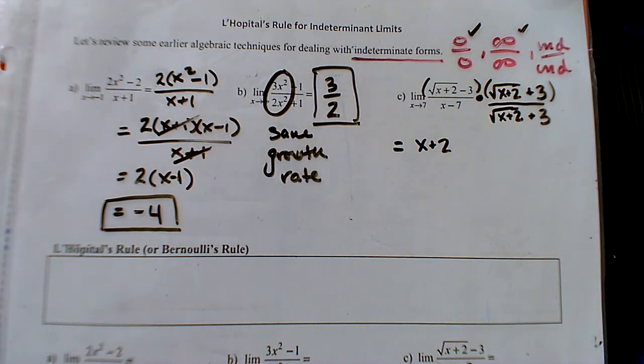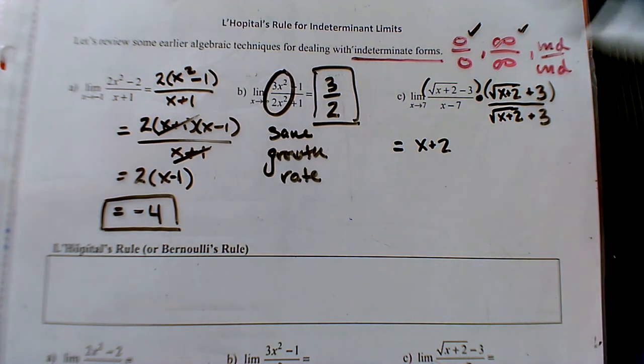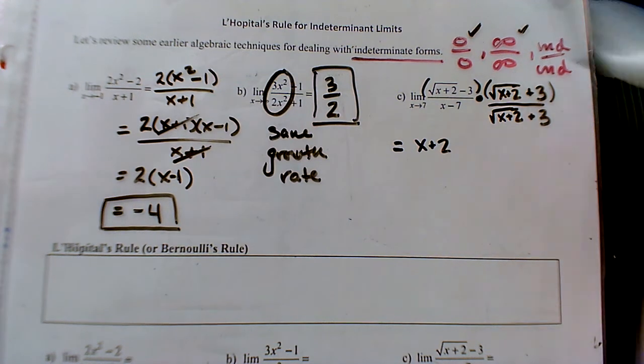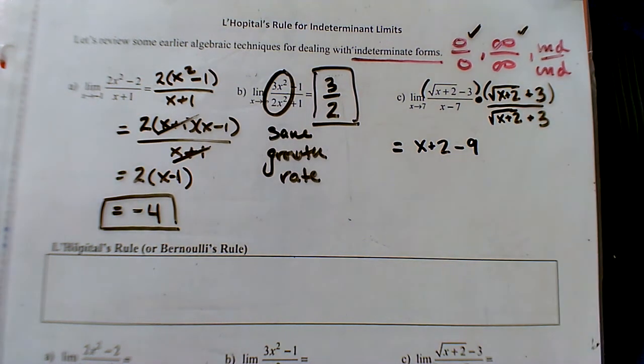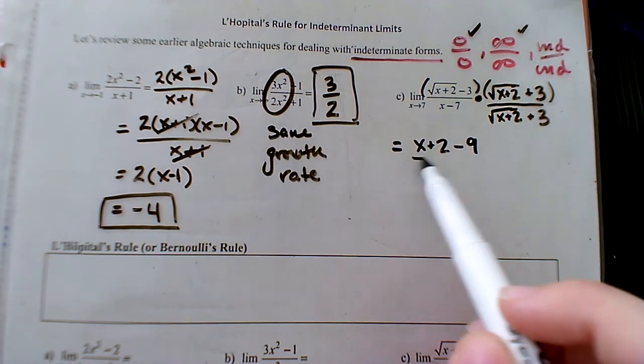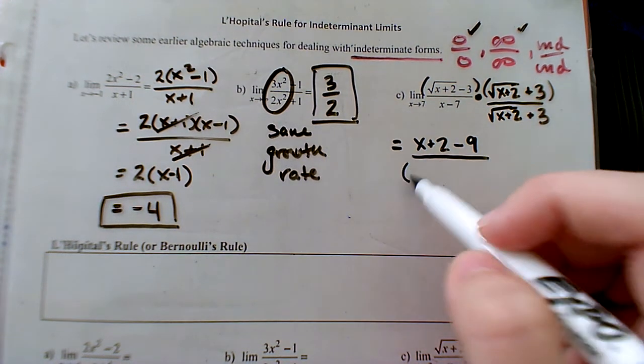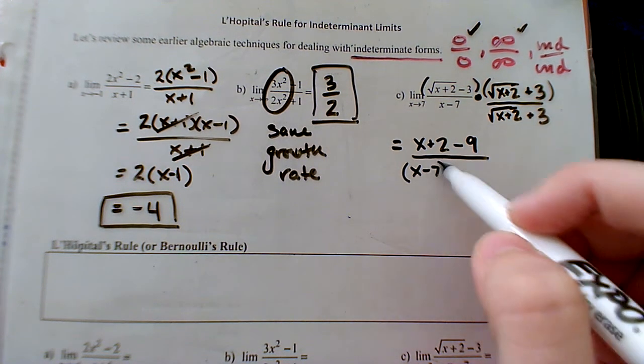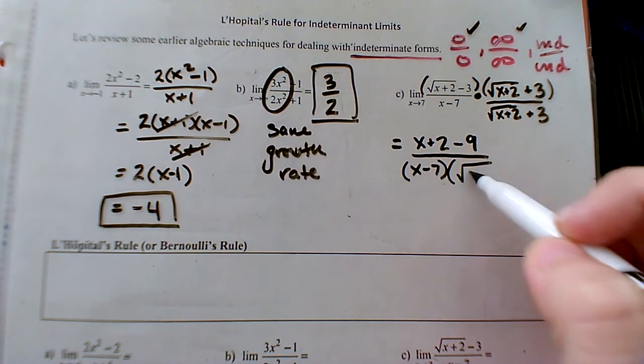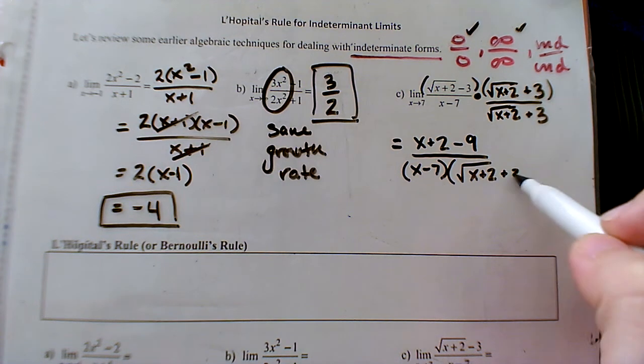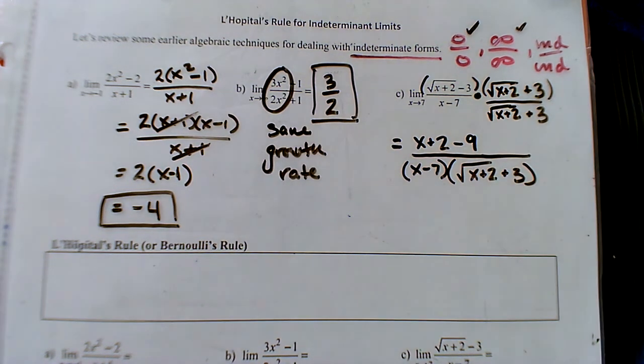So those would cancel. That's nice. And the last, we'd have -3 times 3, which would be a -9. On the bottom, though, let's leave it as an x minus 7 times the conjugate, because the square root's not going to go away as nicely as it did in the numerator.